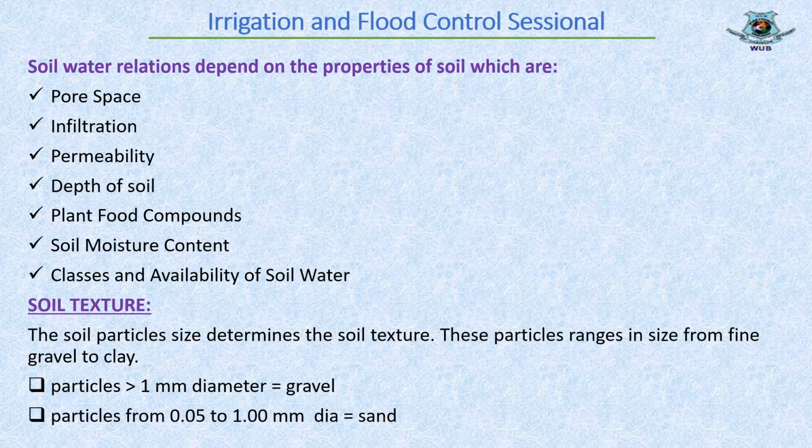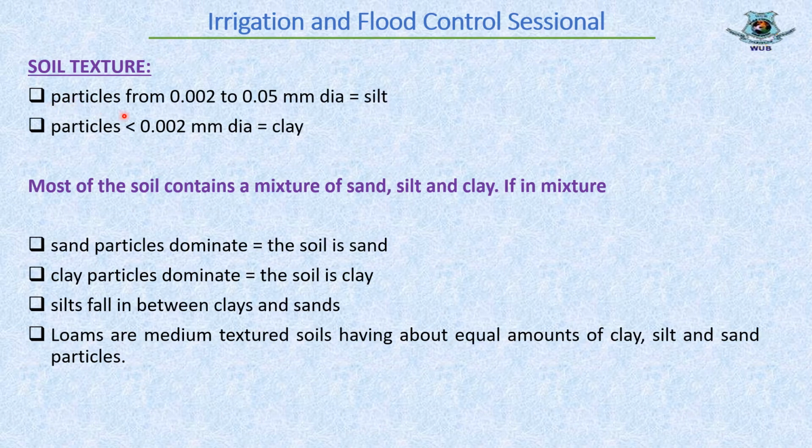Similarly, particles ranging from 0.002 to 0.05 millimeter in diameter are termed as silt, and if the soil particles are less than 0.002 millimeter in diameter, then this will be termed as clay soil.